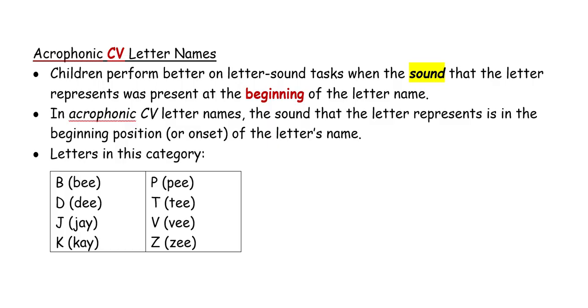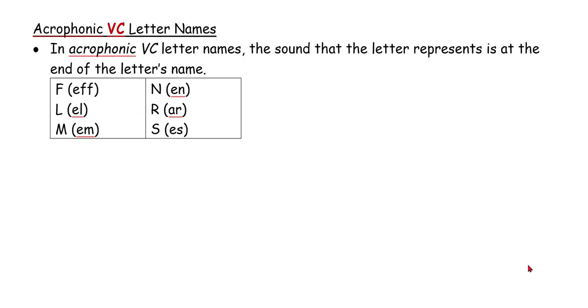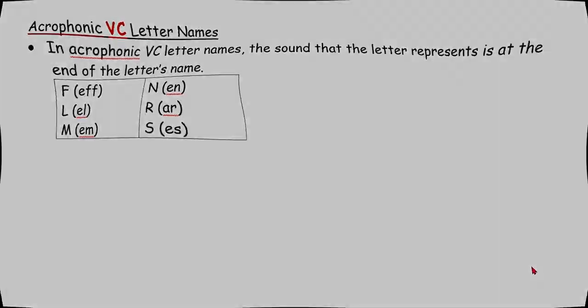Letters in this category are B, D, J, K, P, T, V, and Z. The second category is acrophonic vowel-consonant letter names. In these letter names, the sound that the letter represents is at the end of the letter name: F, L, M, N, R, and S.